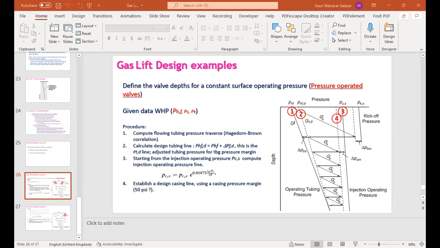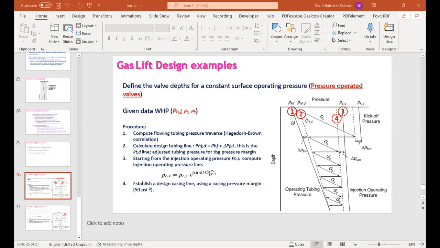The gas lift ratio to be injected is the optimum minus the gas lift ratio from the formation. So in this case, the gas injection rate to the well is given by this equation, the gas lift ratio injection times the expected produced liquid rate.